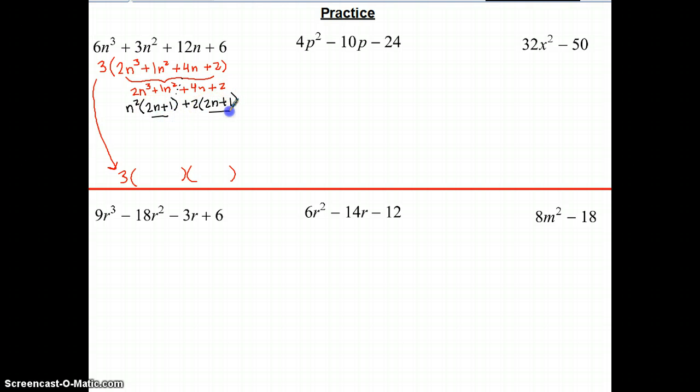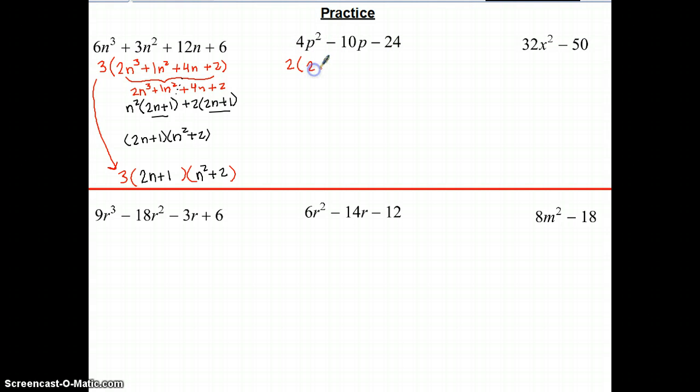I see the 2n plus 1 repeated, so I will factor that out. And in my second set of parentheses, I have the coefficients of n squared and positive 2. Filling in my parentheses, my final factored form is 3 with a factor of 2n plus 1 and another of n squared plus 2.